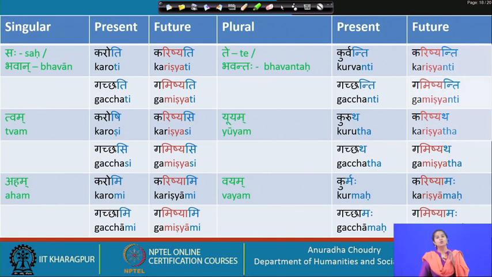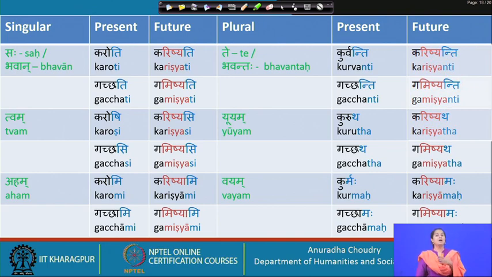In the plural, yuyam kurutha becomes yuyam karishyatha. Gacchasi becomes gamishyasi, and gacchatha becomes gamishyatha. So ishya is the only change between the present and the future.